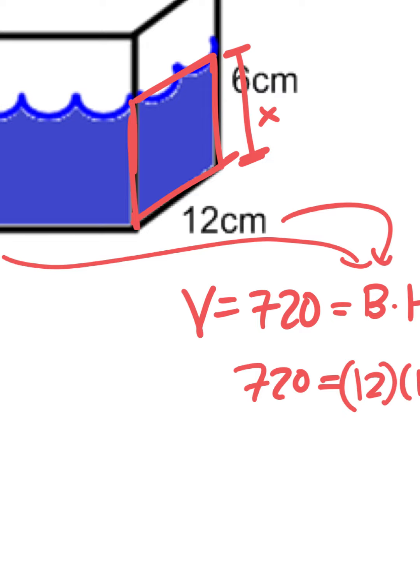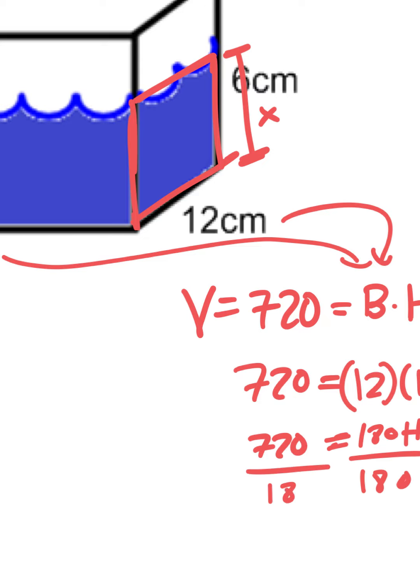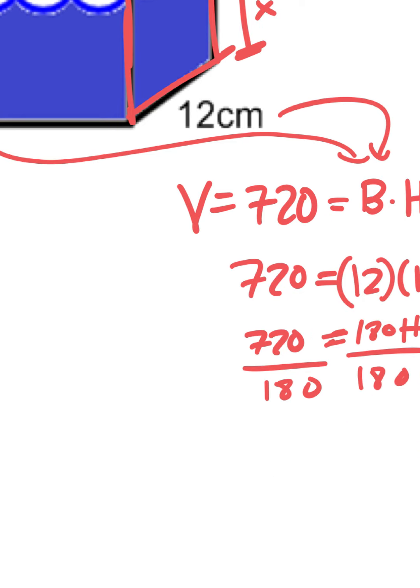And then I'm just going to solve for h. So I'm going to do 12 times 15 first. So 12 times 15 is equal to 180. So 720 is equal to 180 times h. I'll divide both sides by 180. I'll end up finding that my height is 720 divided by 180, which is going to end up giving me 4 as my height.